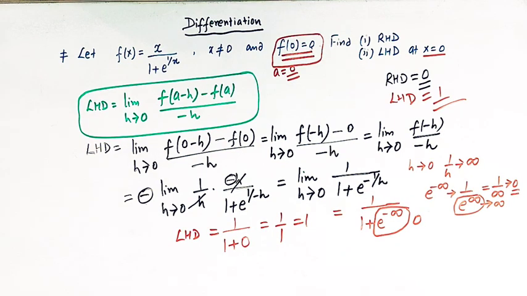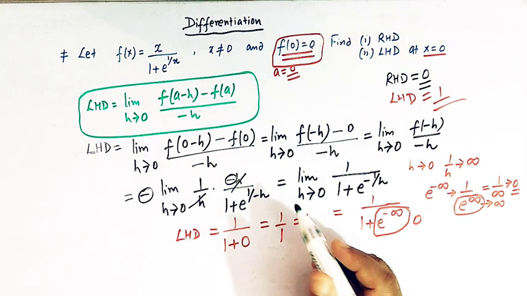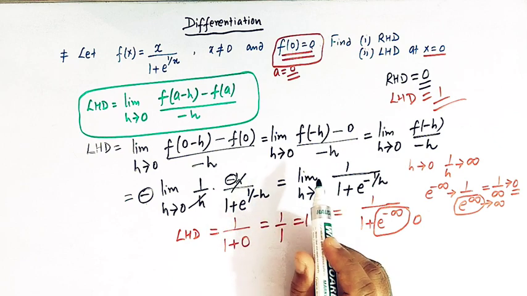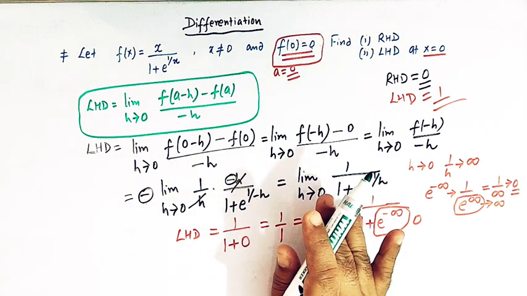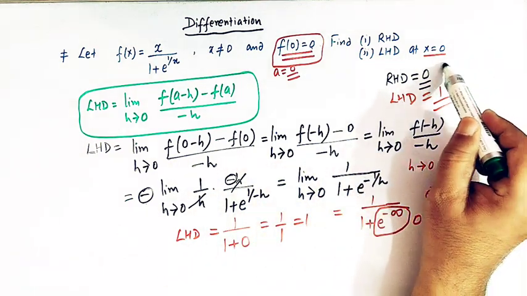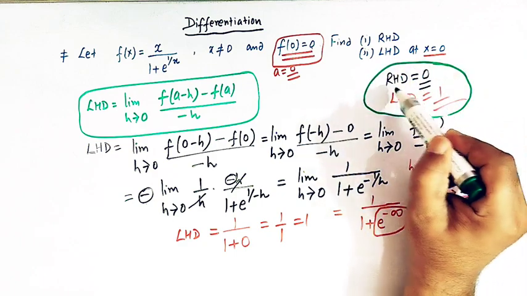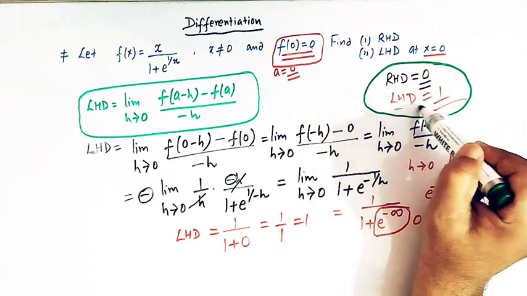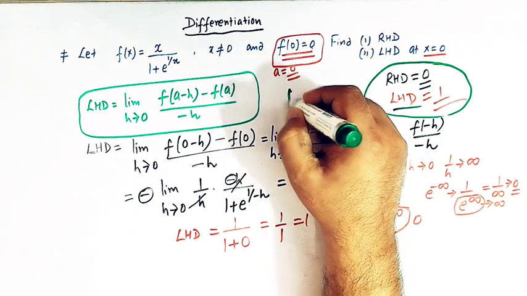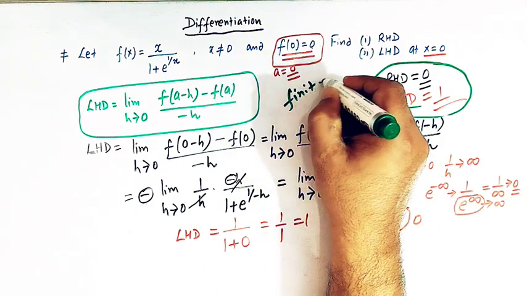So viewers, in this problem we have seen how to calculate the right-hand derivative and the left-hand derivative, right? We have seen that the right-hand derivative and the left-hand derivative are both finite, and both exist.